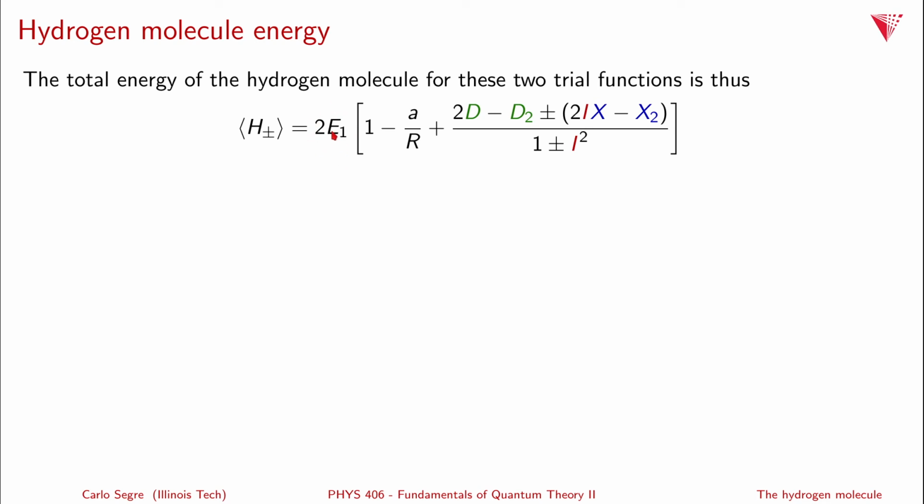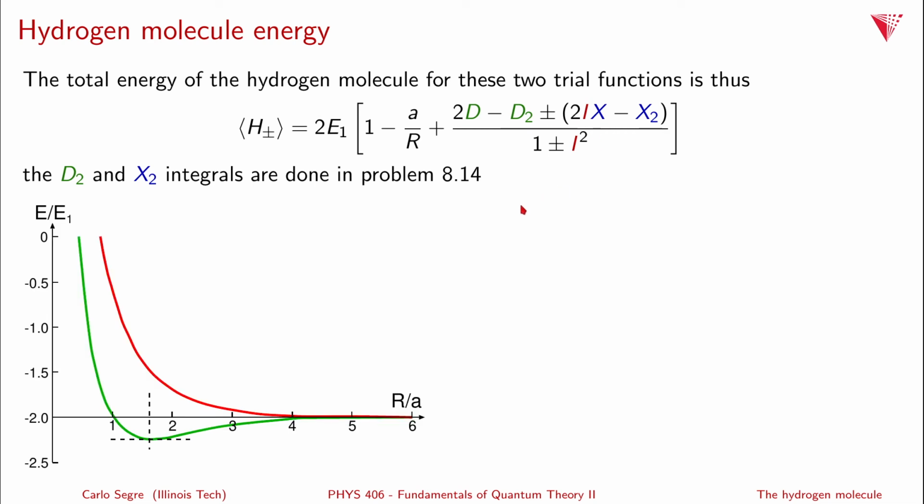So the baseline is 2 separate hydrogen atoms, times the quantity 1 minus a over capital R, which is the proton-proton repulsion, plus 2 times the direct integral minus 2 times the direct sub 2 integral plus or minus 2I times the exchange integral minus the exchange integral sub 2, all over 1 plus or minus I squared. The d sub 2 and x sub 2 integrals, as I said before, are done in problem 814. All the other integrals have already been done for the hydrogen molecule ion.